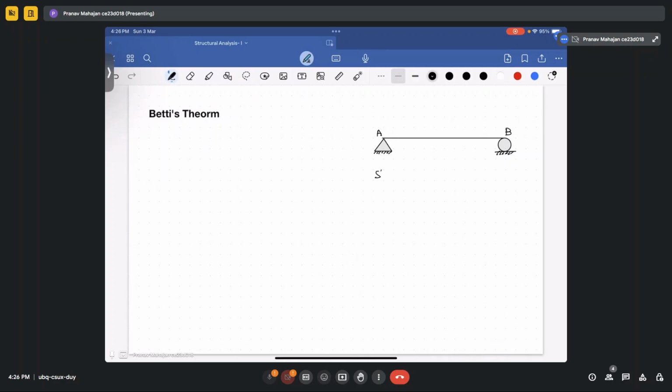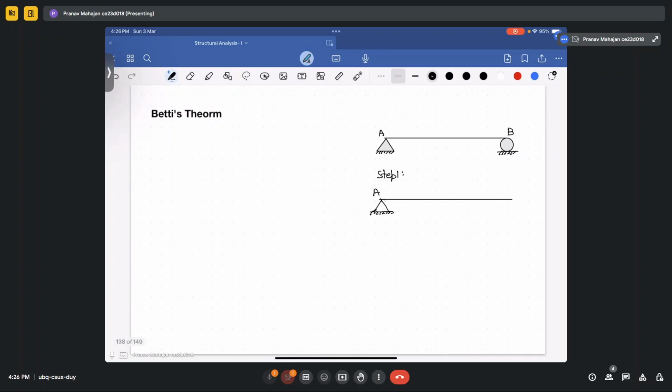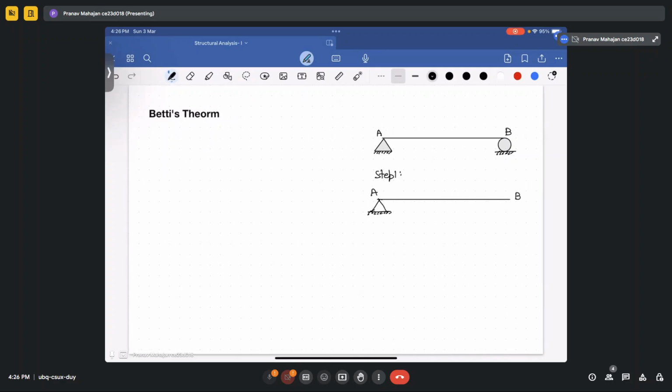First step is you will remove the support from that particular point. Okay. So I have removed the support from point B. Now it is a free point. The next step is to provide a unit displacement to that particular joint, wherever you require to calculate the ILD for displacement or rotation. Okay, so let me give this a unit displacement.